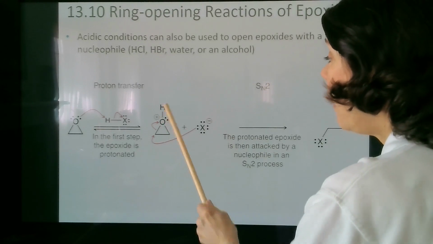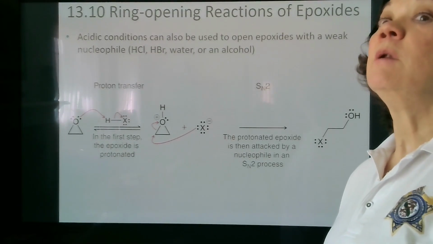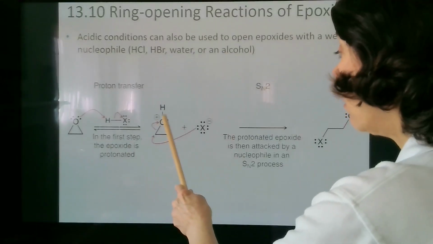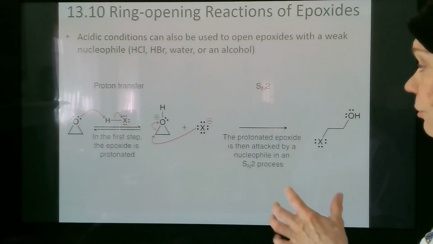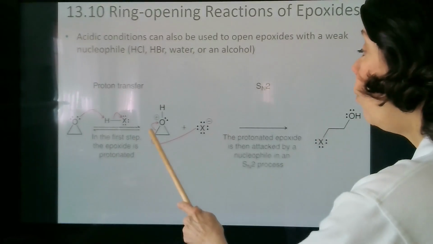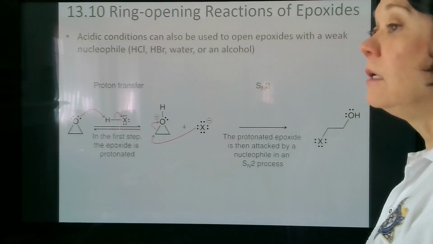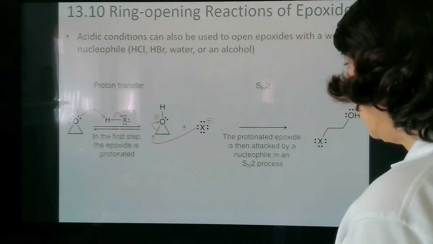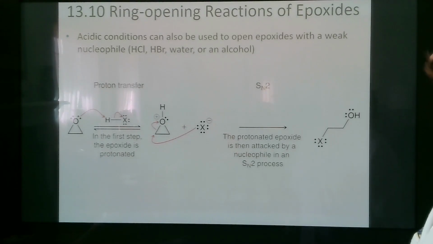And when it's bearing a positive charge, it's going to withdraw electron density even more so. The oxygen is going to be even more electron withdrawing. And so here you're going to see the rules about which end of the epoxide the nucleophile attacks change a little. They're going to be a little more complicated. It's not purely steric effects.